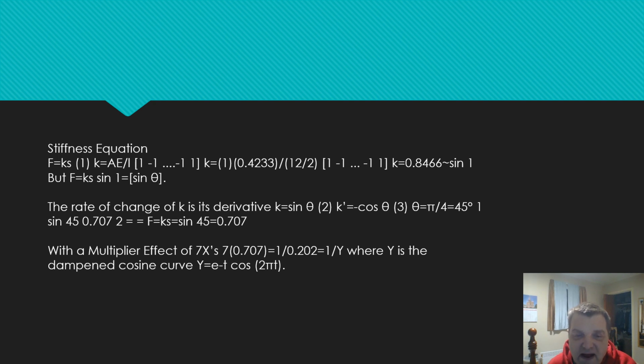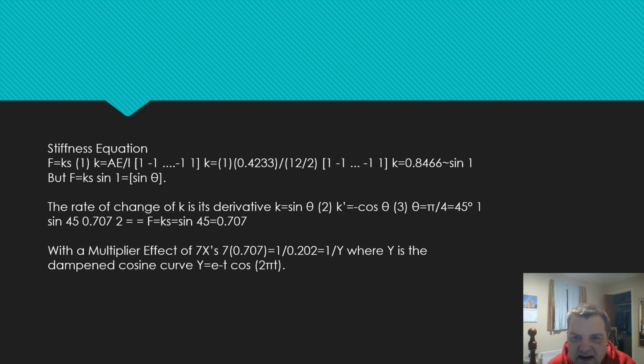Q's for pi minus E, 0.4233, which times 2 is equal to 0.8466, which is approximately equal to the sine of 1. But we know that F is equal to minus Ks, so sine 1 is equal to sine theta. The rate of change of K is its derivative, K is equal to sine times 2, K prime is equal to cos theta.